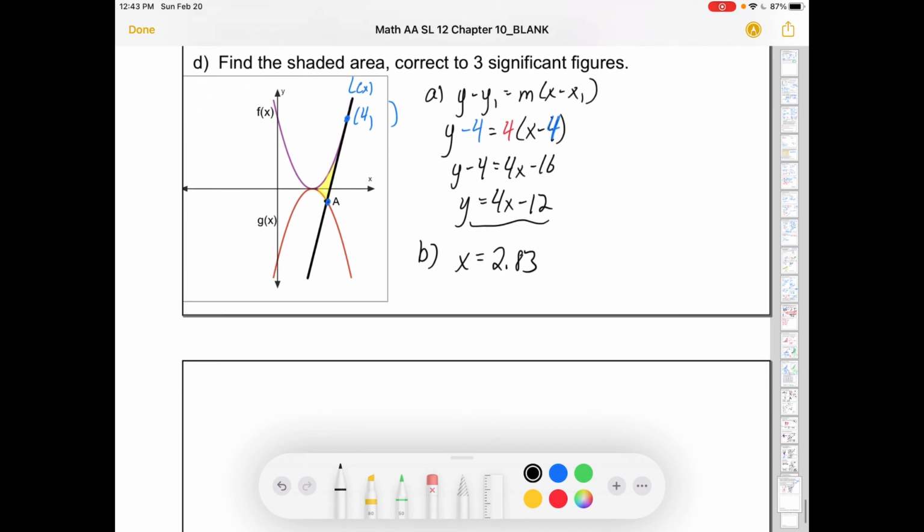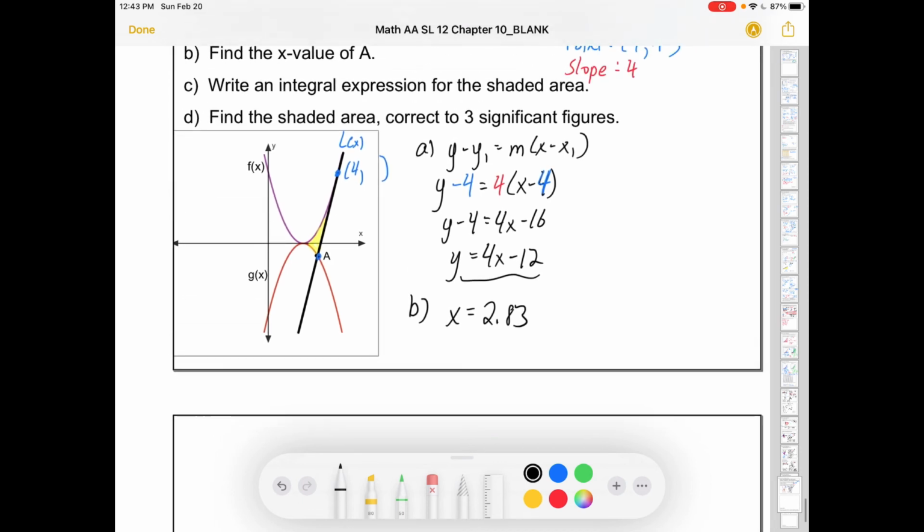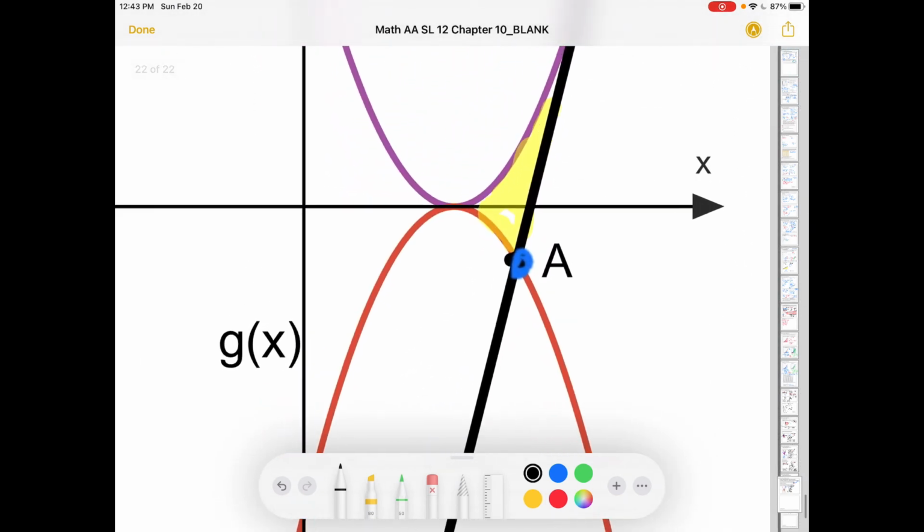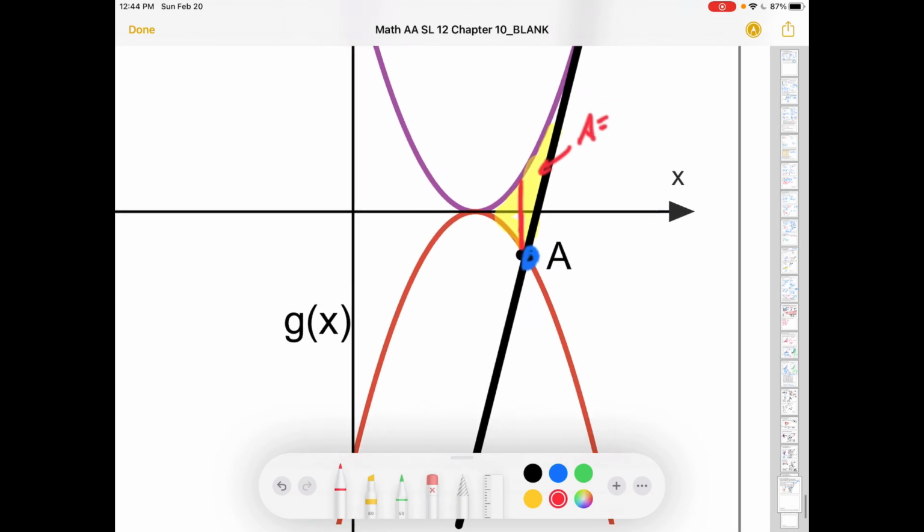And now we have to find an expression for the shaded area. And here's the trick. This shaded area can be split up vertically right here. On this first part, this little area here is going to be some integral between 2.83 and 4 of f of x on top and L of x on bottom.